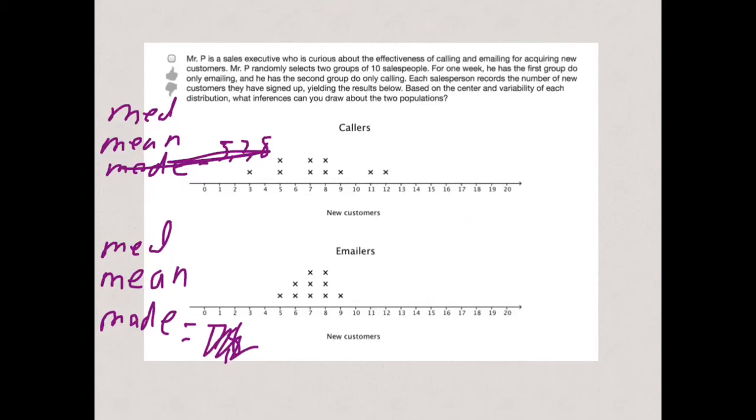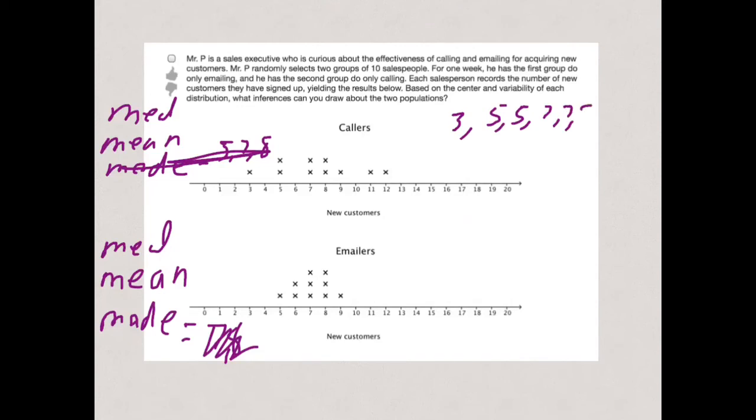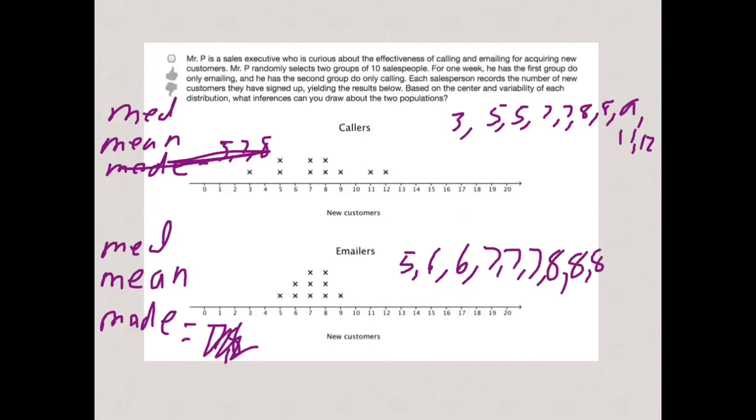Let's find the median. So let's put them in order. 3, 5, 5, 7, 7, 8, 8, and 9, and then 11 and 12. And over here we'll put 5, 6, 6, 7, 7, 7, 8, 8, 8, and finally 9. Okay, so what would be my median?